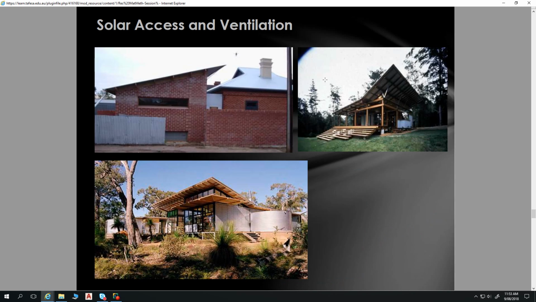So yeah, some more things in regards to solar access and ventilation. Some diagrams of some skillion roofs with significant shading to allow that winter sun in winter time, but provide shade in summertime.